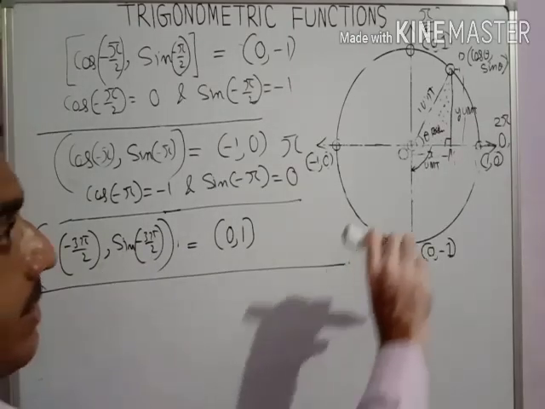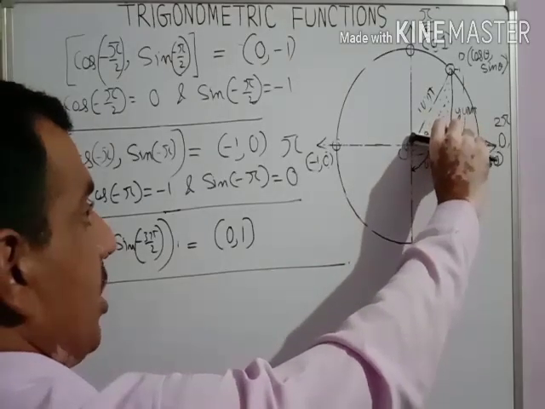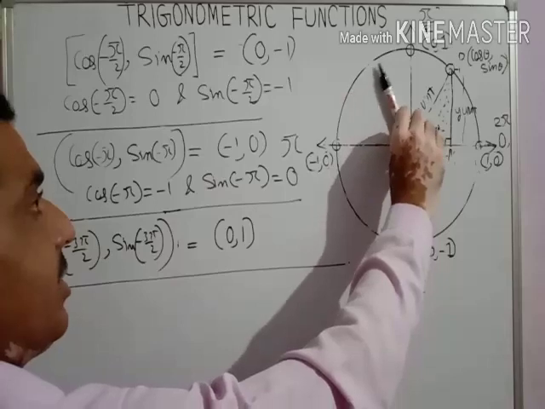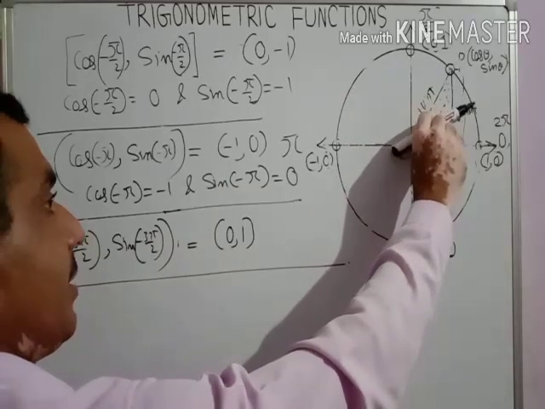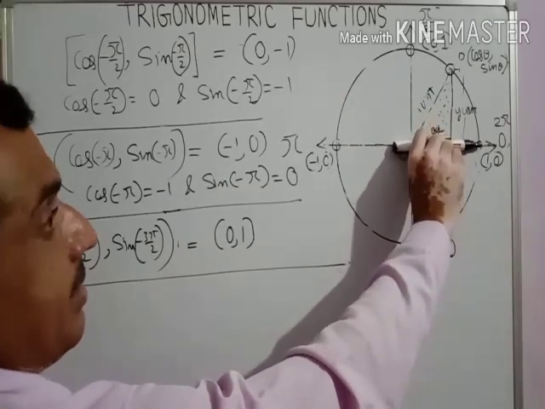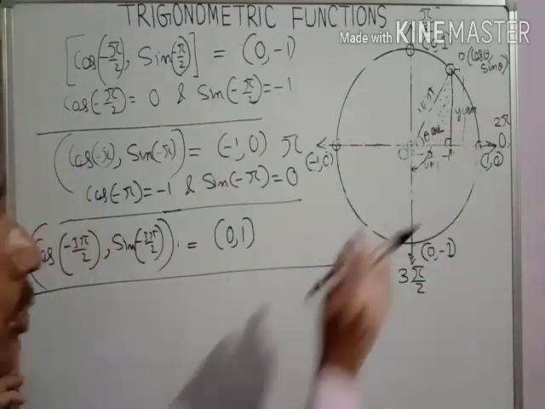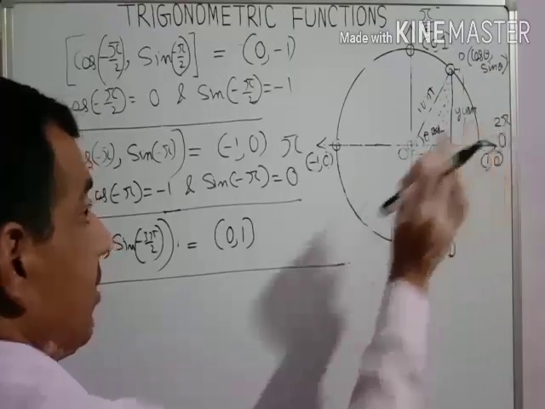Now you visualize this line is going in the clockwise direction. This is 90, this is 180, this is 270, and it completes, this is 360 degrees. 360 is 2 pi radians. So this point and this point both coincide.